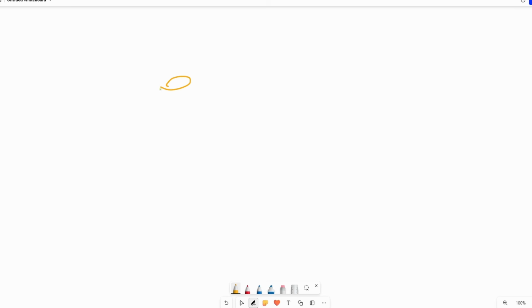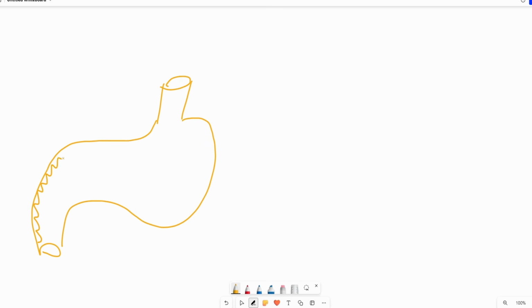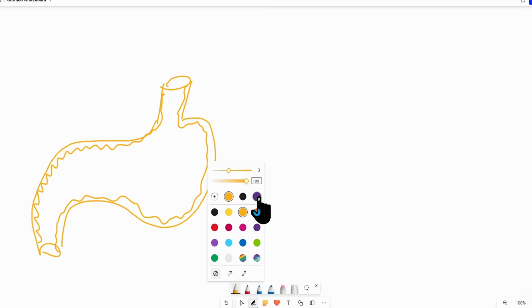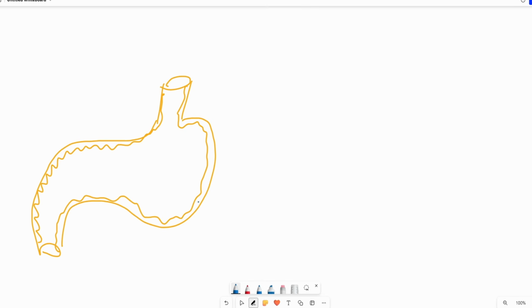Now if I draw a viscera, I don't know why again and again I am drawing stomach. So for example here, if I draw the viscera, now viscera is lined from inside with epithelial lining, and this epithelium is called mucosa. Now some fibers are innervating the mucosa and they are taking the sensory information from the mucosa, right?